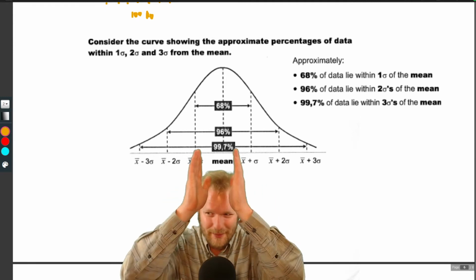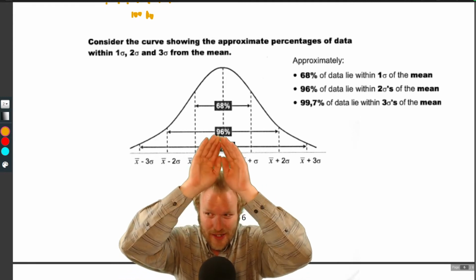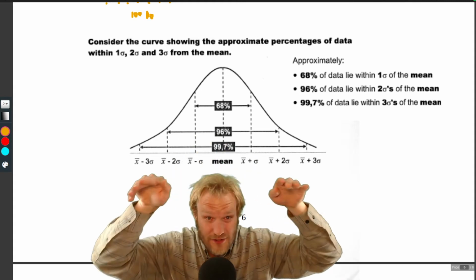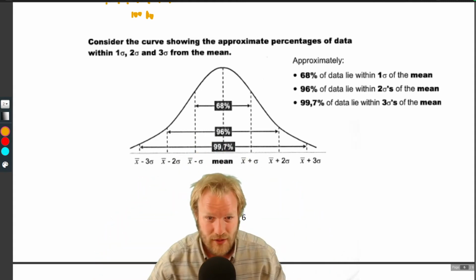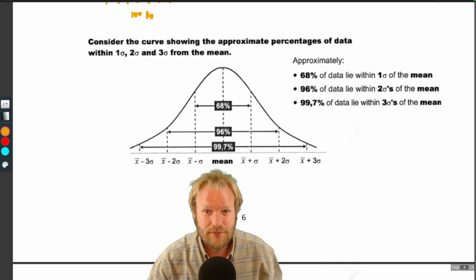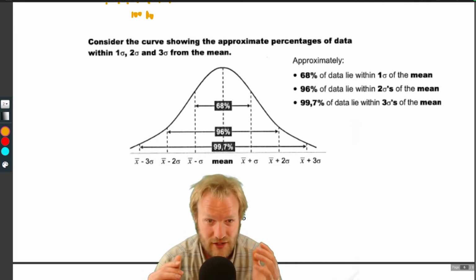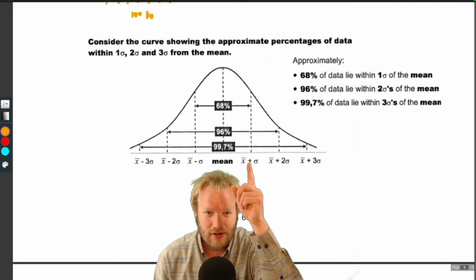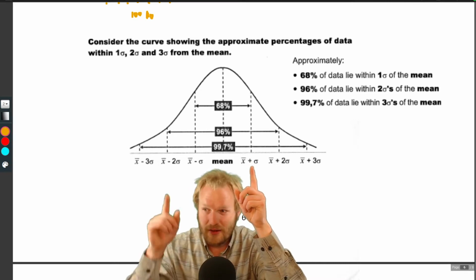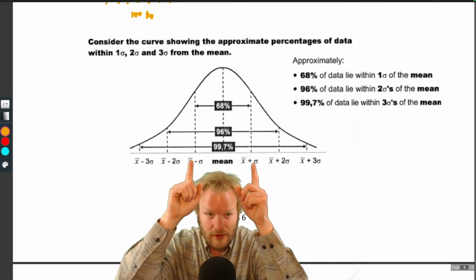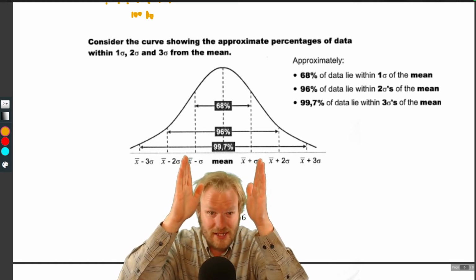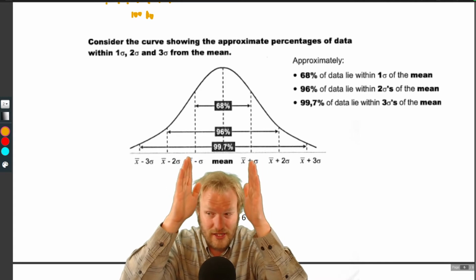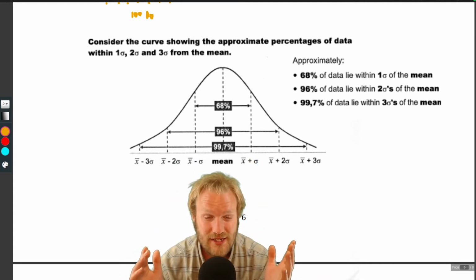Okay, so if we've got the mean and this normal distribution, then we've seen these things of the standard deviation. In a normal distribution, if we go out by 1 standard deviation on each side, that means that 68% of our data is within 1 standard deviation.